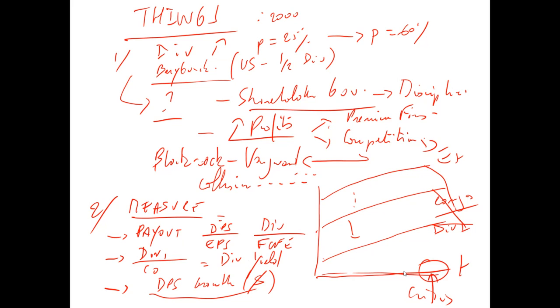There is a very, very heated debate in the US on share buyback and dividend. Just to tell you, in the US, on the S&P 500, in 2019, just before the crisis, buyback plus dividend was like 93% of earnings.